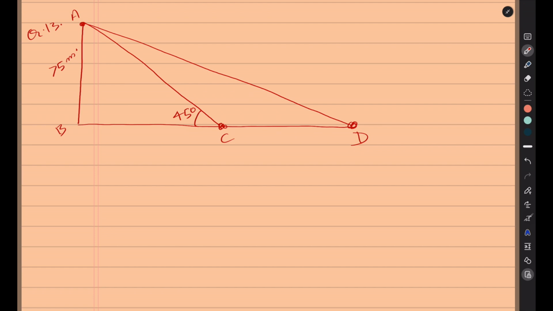And why have we directly written it 45 degree? Because this is actually the 45 degree angle of depression, so this will also be equal to 45 degree. And similarly, this is 30 degree, so this will also be 30 degree.